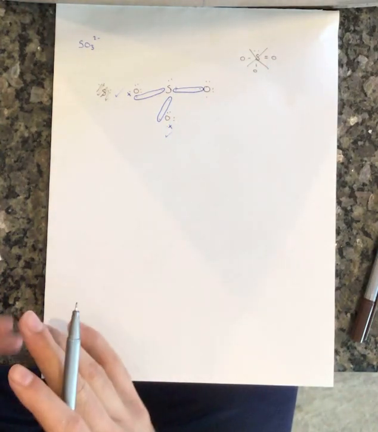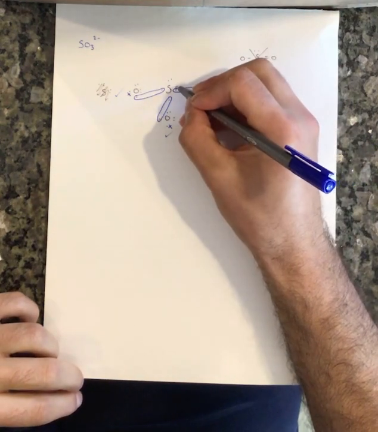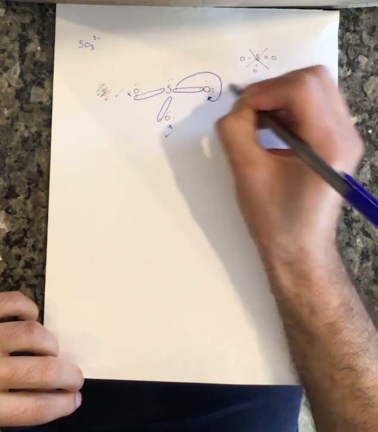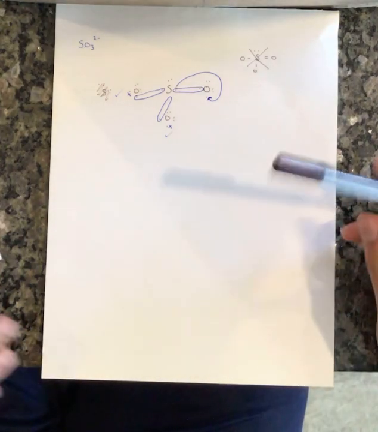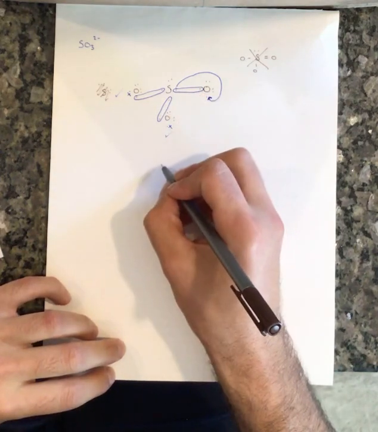It's going to become more stable, and it's going to move right over here. Electrons can move. They're always moving. They're free moving. So the electron's just going to move over so that it'll become more stable.